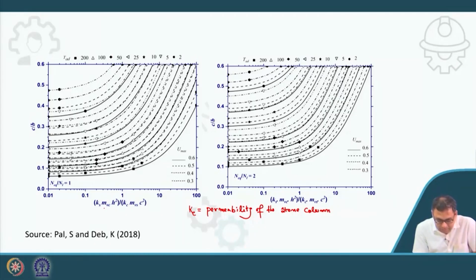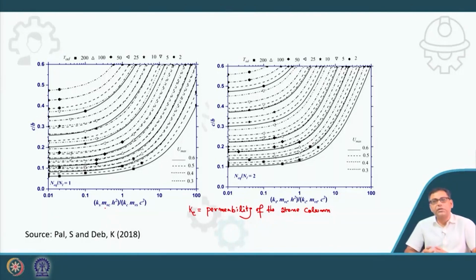Another one you can see is MBC. MBC is the coefficient of volume change of the stone column. Initially it was only MBS, the coefficient of volume change for soil. Now the coefficient of volume change for the column is also considered.